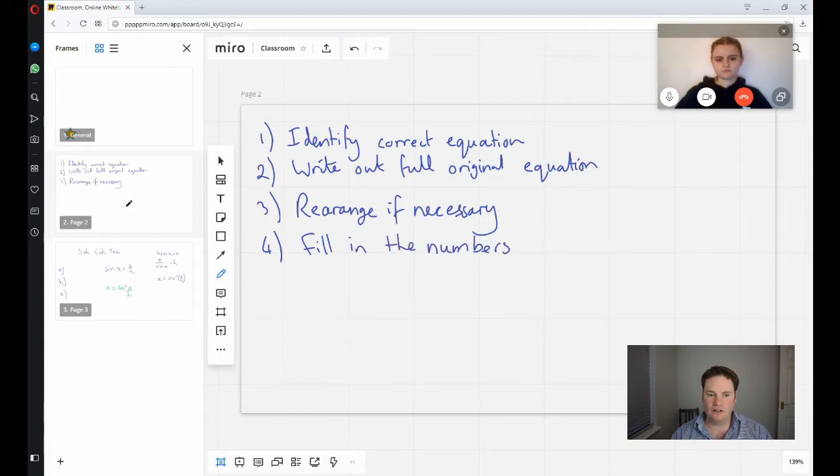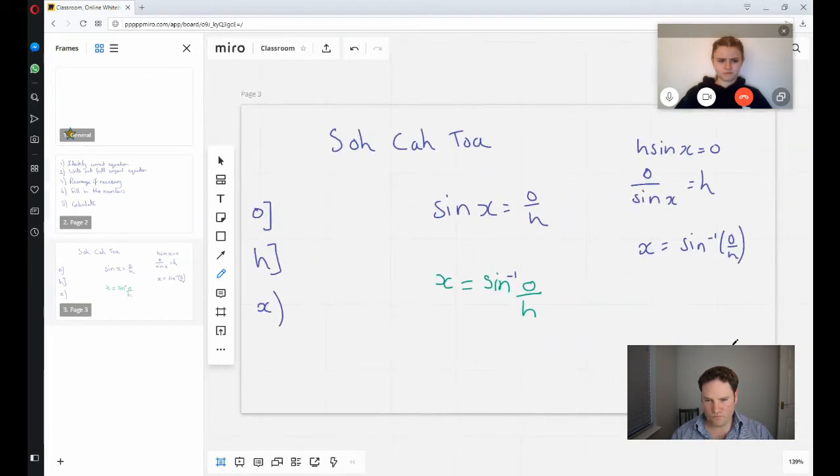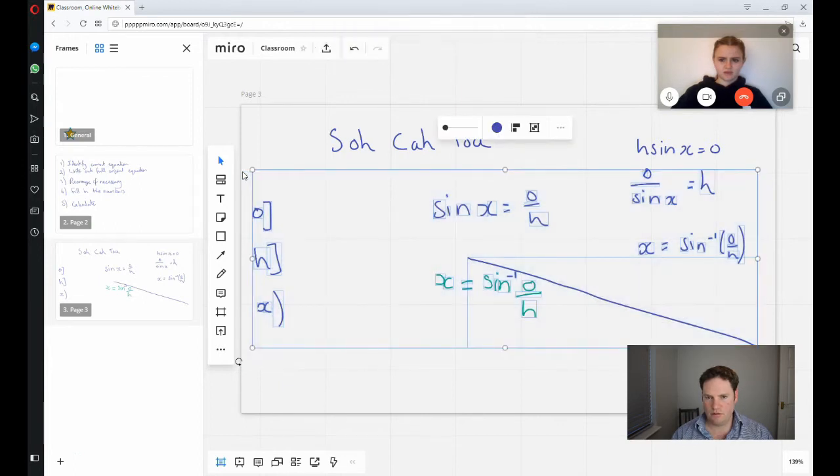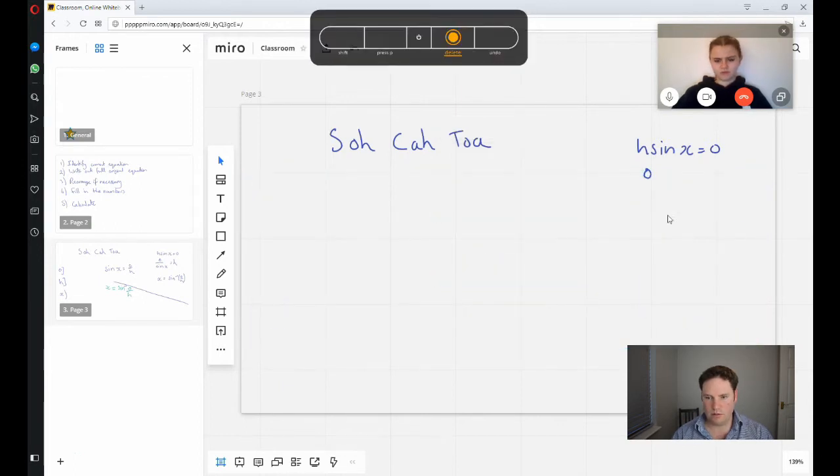And our 5th instruction will be calculate. That definitely looks like it's spelled wrong. Well, no one will ever know. Do we need SOH-CAH-TOA up, or do you not need those? Okay, we'll start without them then.